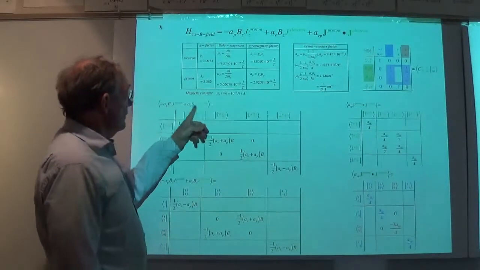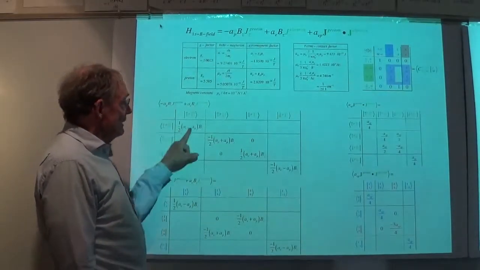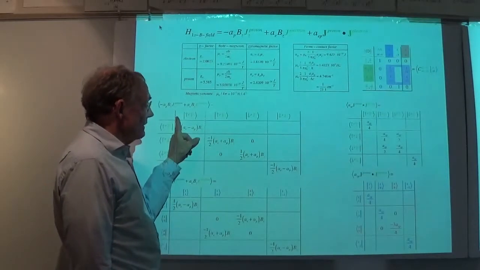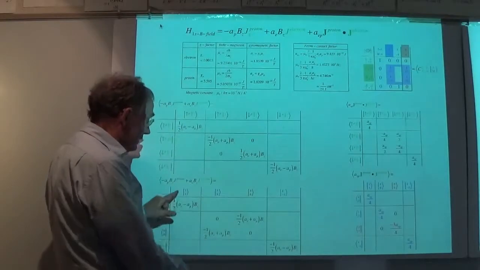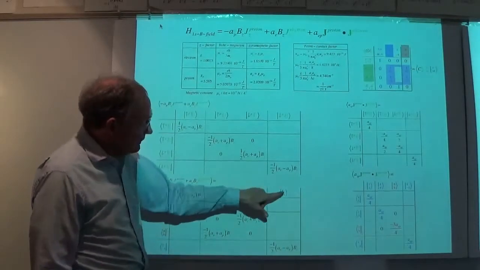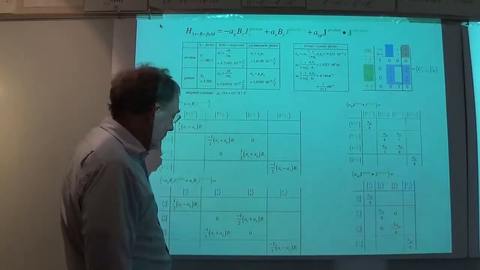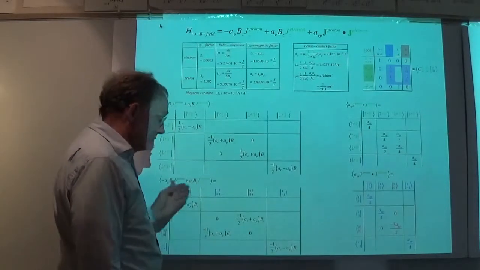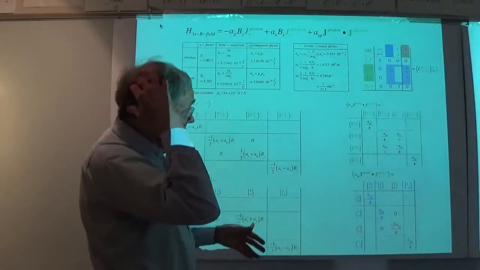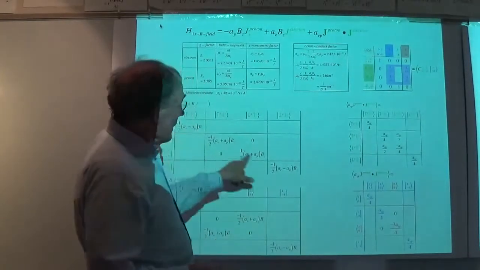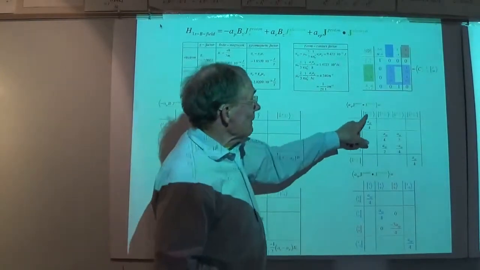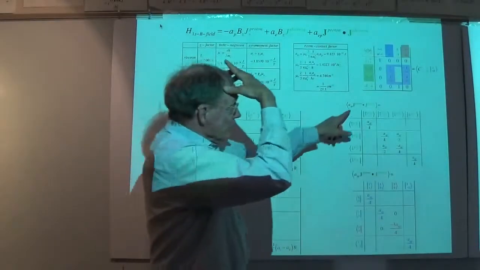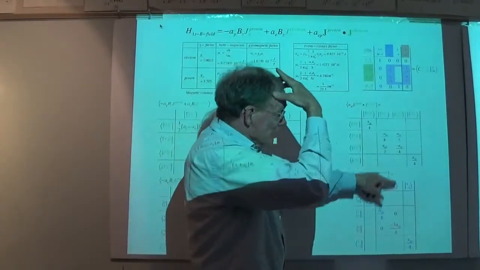Okay, the B field is diagonal in the basis of the outer products, but not diagonal in the basis of the symmetrized and anti-symmetrized products. As you can see here, we've got some off-diagonal terms. But while this is diagonal here in the product basis, the interaction is off-diagonal.